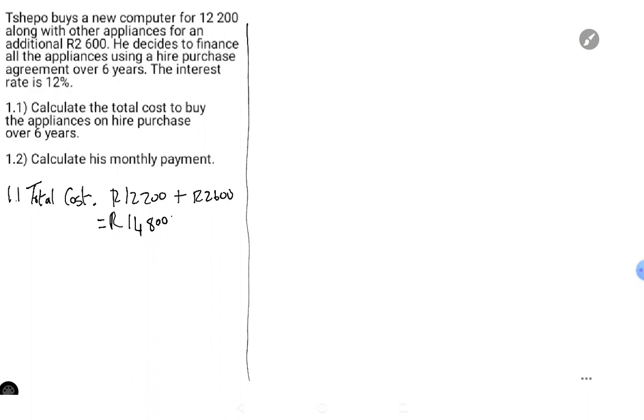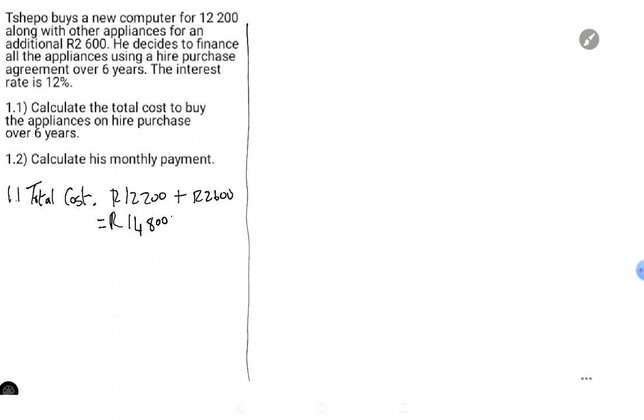Remember the previous lesson, which is basically financial maths 101, it teaches you a whole range of stuff. And so there, I remember teaching and saying, and even being on the screen, that when you think hire purchase, think simple interest.